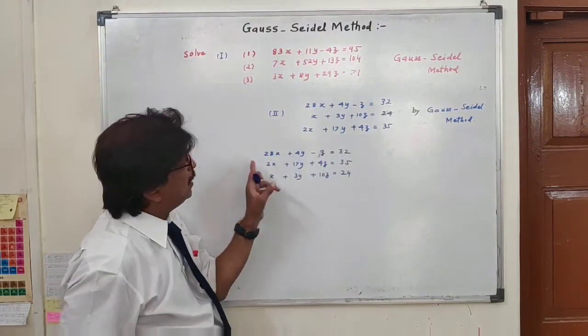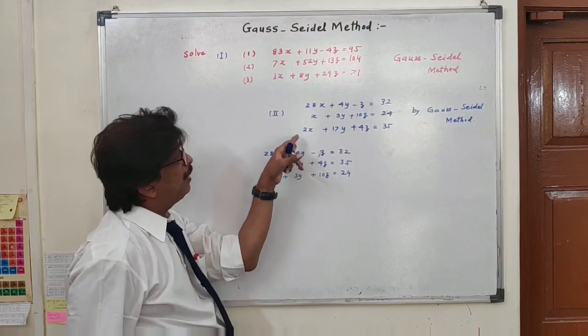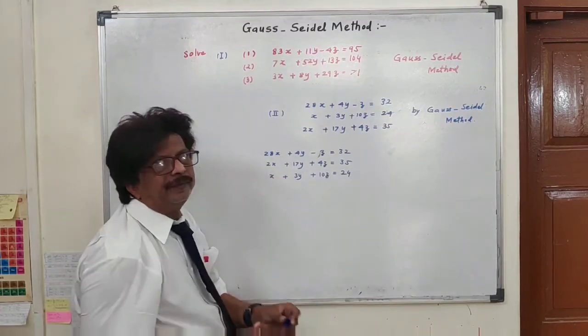The equation 2 goes afterwards as third, and the third as equation 2. Now this system is diagonally dominant.